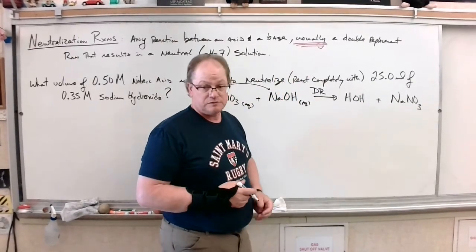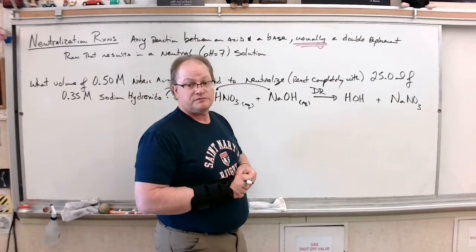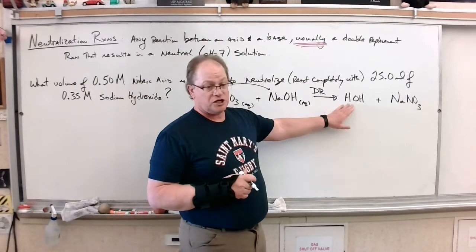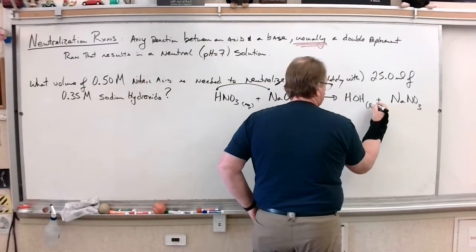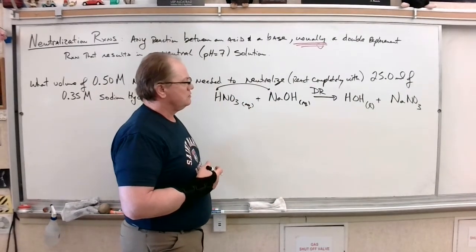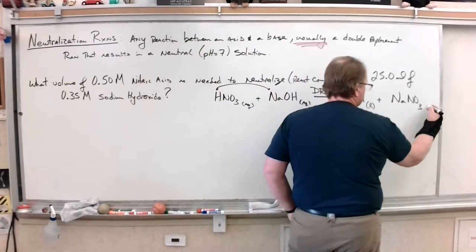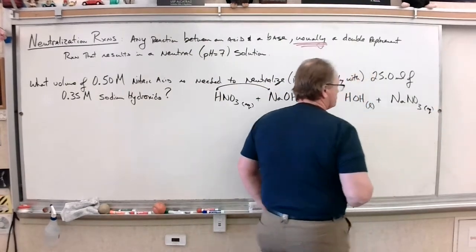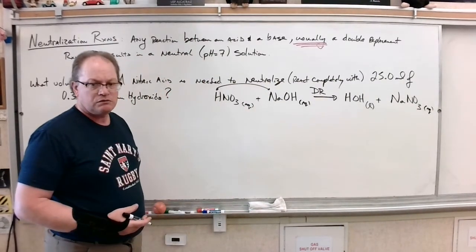Hey, we're balanced. We do need to put states of matter on it. Well, HOH, liquid, right? Water is usually a liquid, except for combustion reactions, and this isn't combustion. And sodium nitrate is ionic, there's water present, and so it is aqueous. Now I have a correctly written balanced chemical equation, right?